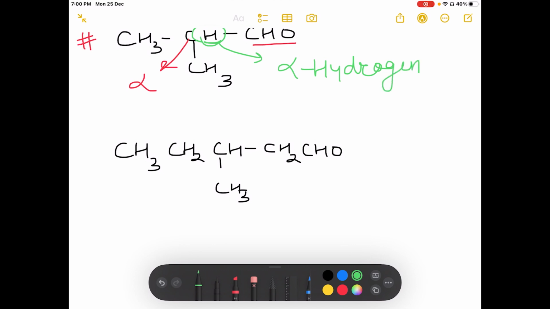So in this compound we have one alpha hydrogen here. Next example, CHO, functional part. Carbon next to functional part is alpha carbon, and hydrogen belonging to this carbon is alpha hydrogen. So in this compound we have two alpha hydrogens.